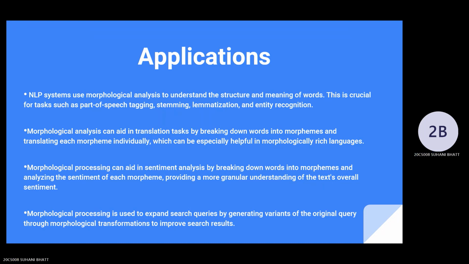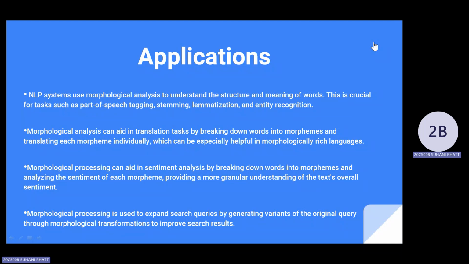Morphological processing can aid in sentiment analysis by breaking down words into morphemes and analyzing the sentiment of each morpheme, providing a more granular understanding of the text's overall sentiment.